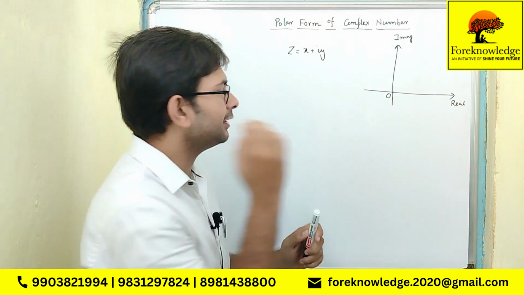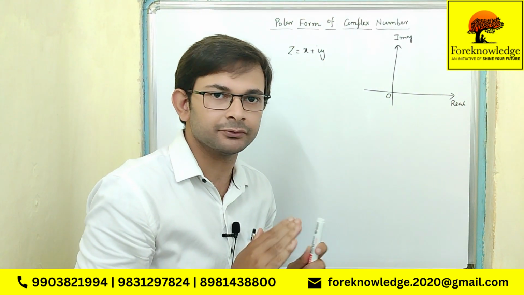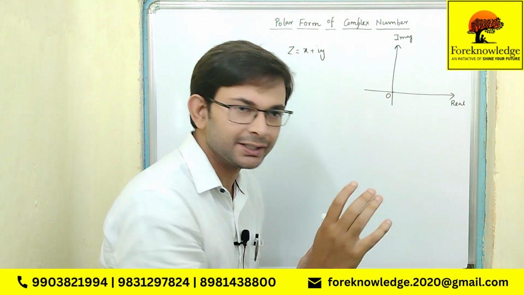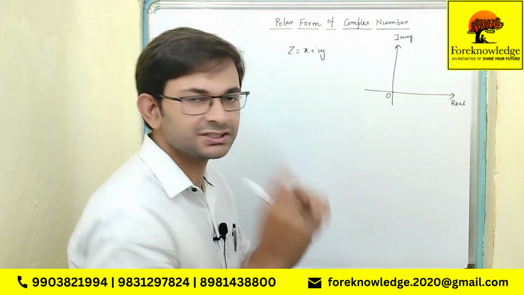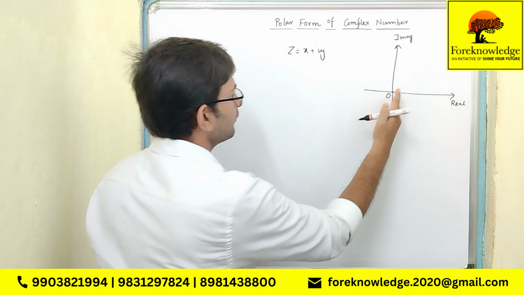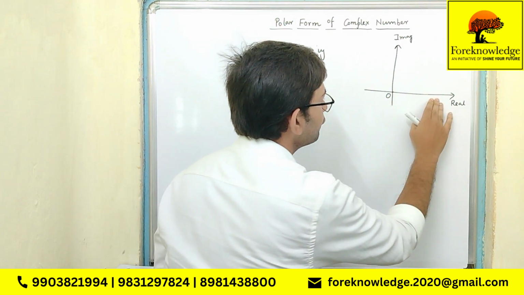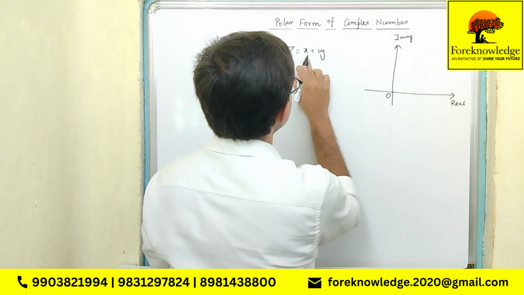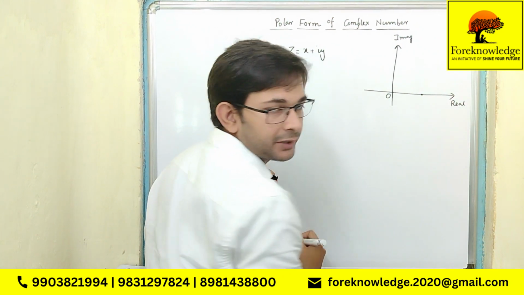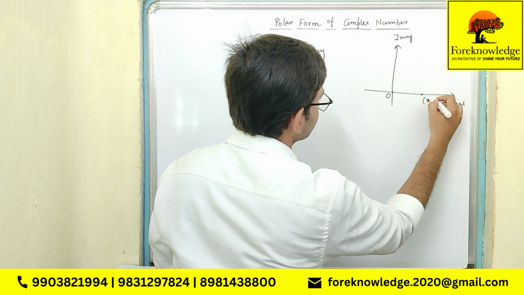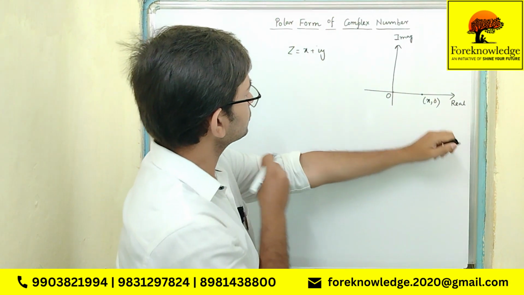Think of it like this: this is the real part, this is the imaginary part. Just like in the Cartesian plane, do the same thing here. From the origin, move along the real axis, and we get the x value. Suppose this is x, the point (x, 0).